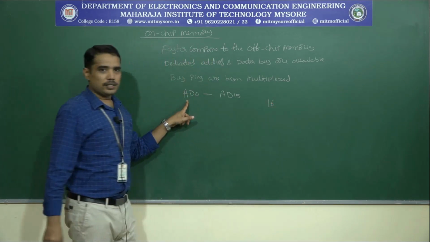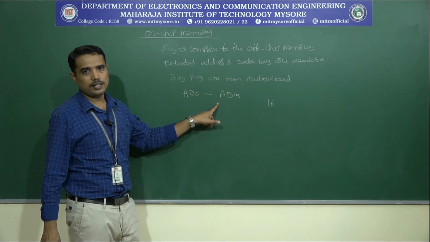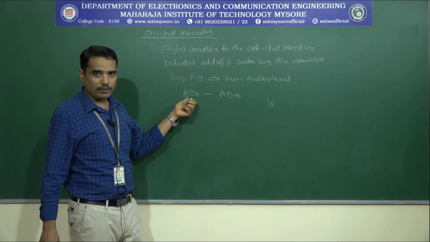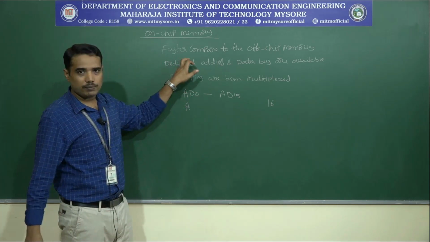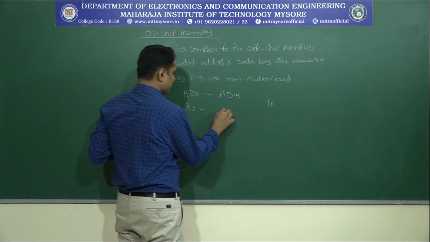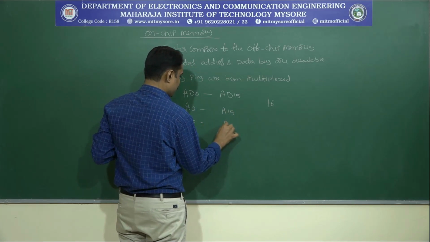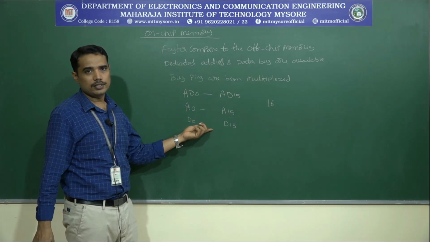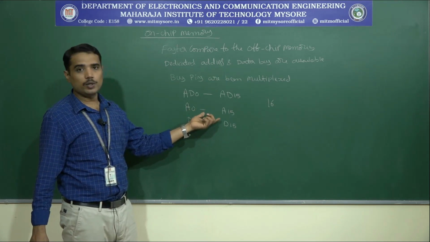Those 16 pins are shared between address and data bus. In case of on-chip memory, there are dedicated address and data buses, that means A0 to A15 and D0 to D15. Then 16 pins for the address bus and 16 pins for the data bus, so in total 32 pins are required.